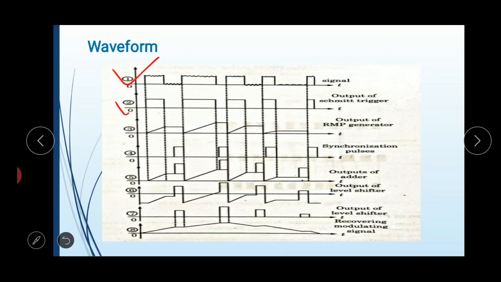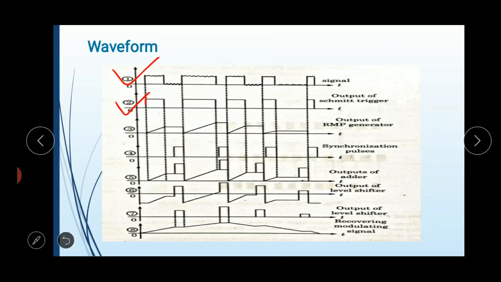So when we apply that waveform to the Schmitt trigger, it removes that noise. So in the second waveform you can observe that the surface is flat. Then the output of the Schmitt trigger is applied to the ramp generator, which produces ramps for the duration of pulses.